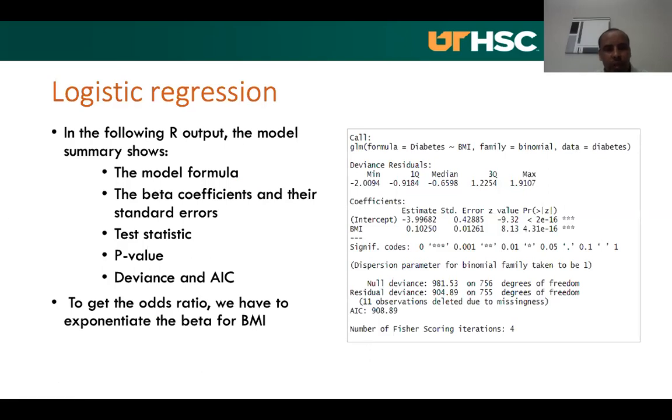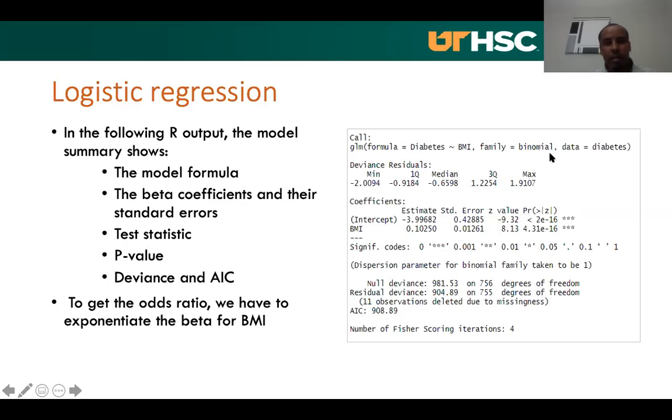So in the following R output, the model summary shows the model formula. When we fit a logistic regression using R, we use the glm function, and the formula should be specified like this: the outcome variable for the diabetes, plus the BMI, and we specify the family or the distribution as the binomial distribution.